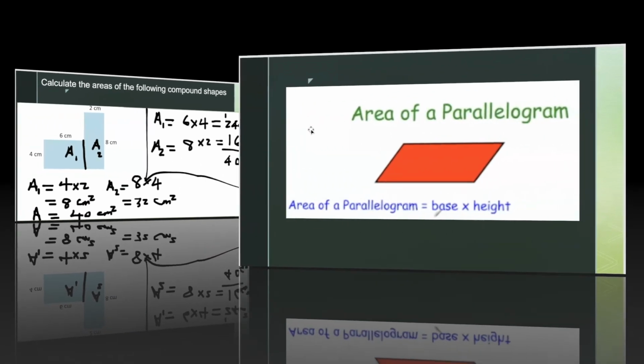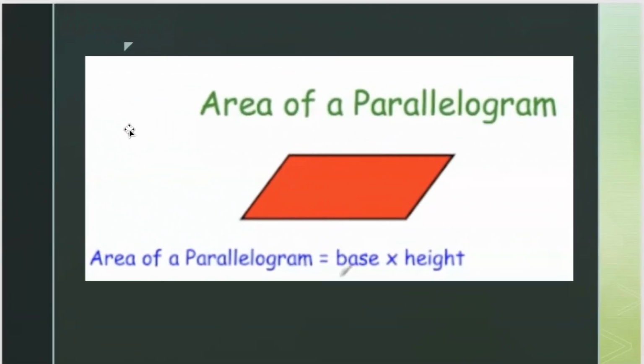Since a rectangle and a parallelogram have similar properties, the area of the rectangle is the same as the area of the parallelogram. So the area of the parallelogram is the base times the height. This is our base.